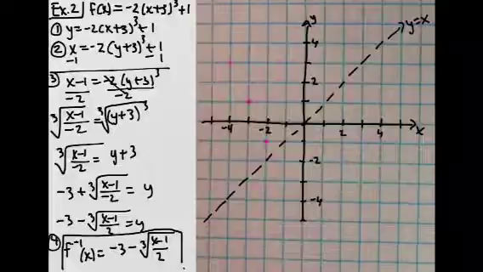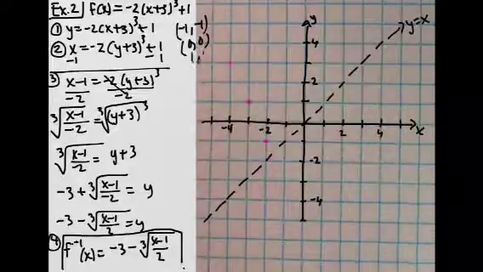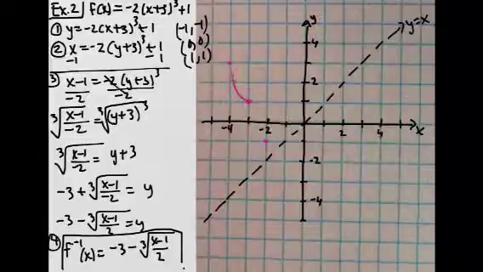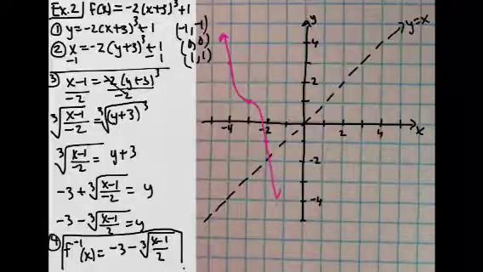I used negative 1, negative 1, 0, 0, and 1, 1 to transform the points, and this is how I got the pink points, the pink ones. Okay, transform those. So here, again, as best you can, you're making a curve like this, and then like this.